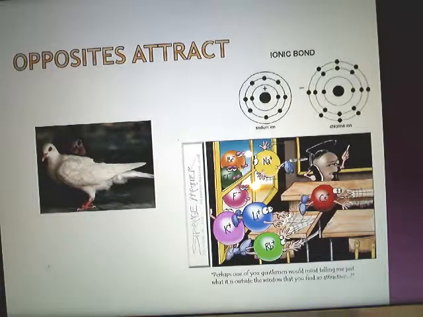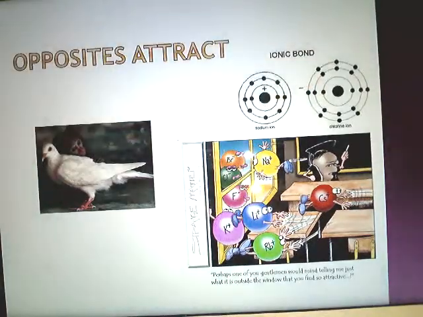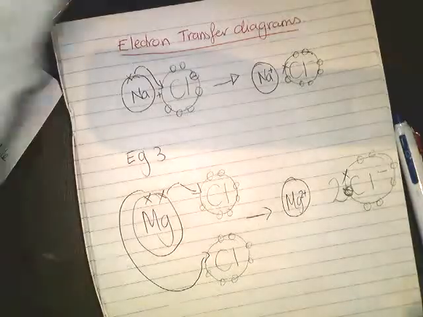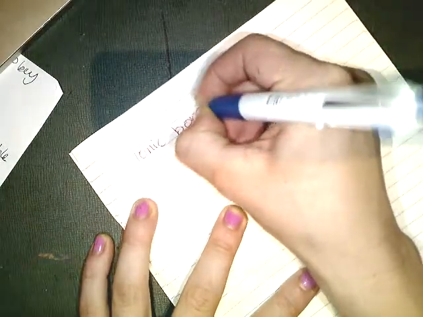But no, in all seriousness, we know that positive is attracted to negative. We know that from when we did metallic bonding. So we call this the ionic bond.